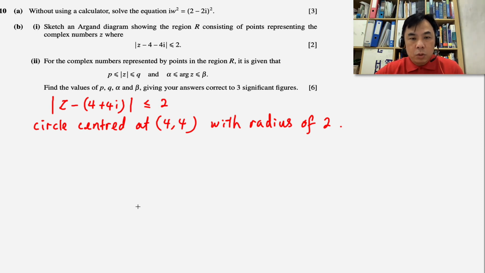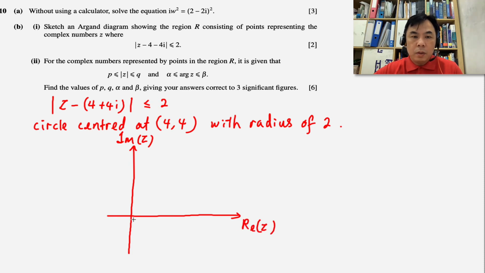Now I'm going to show you very briefly. This is a very simple task here. All we need to do is just draw the axes, imaginary and real. This is the origin. Now there's around 4, 4 there, so roughly 1, 2, 3, 4 here. 1, 2, 3, 4.